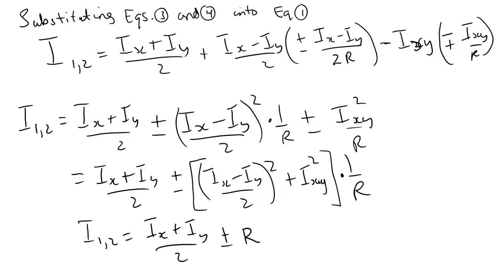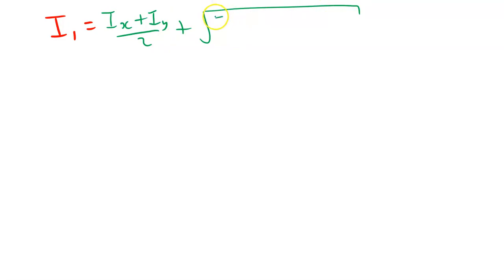Now I'm going to write it over again, this time using some colors. I1 is going to be equal to Ix plus Iy divided by 2 plus the root of, and I'm writing like this just to show you that this is what R is. This is what is in this root here.